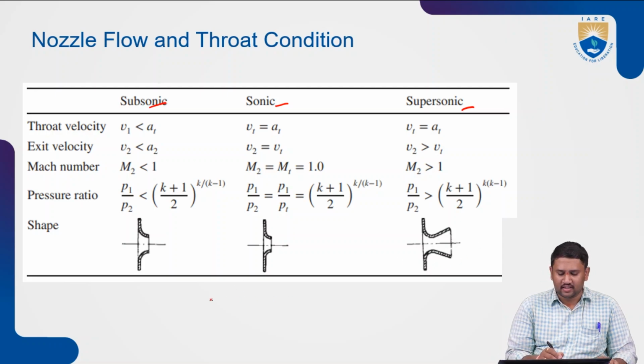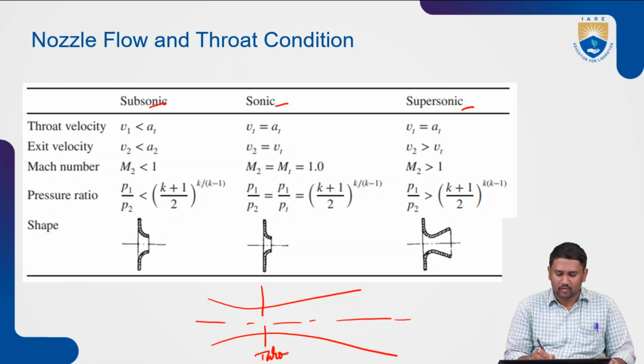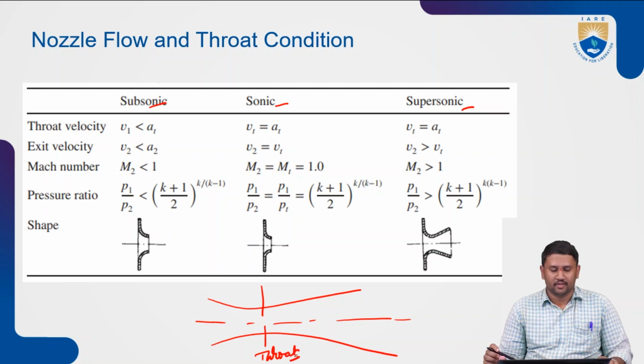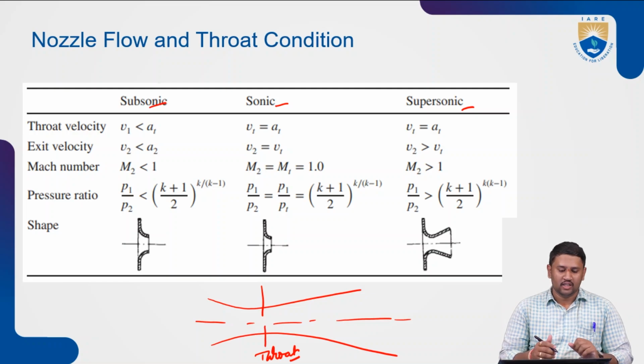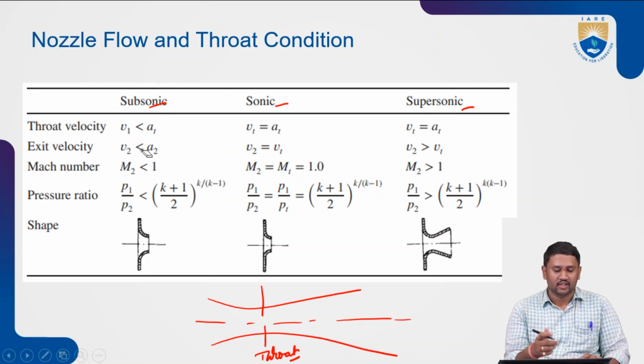In the complete CD nozzle, the throat. Now, what happens at the throat? In a subsonic nozzle, the throat velocity will be less than the velocity of sound, or Mach 1.